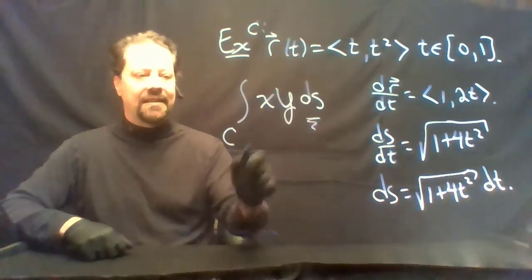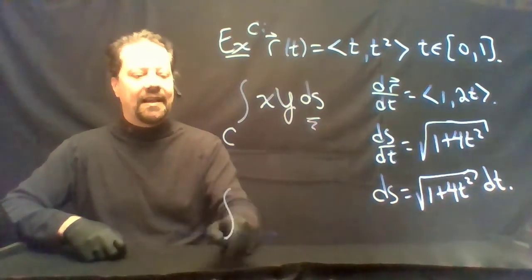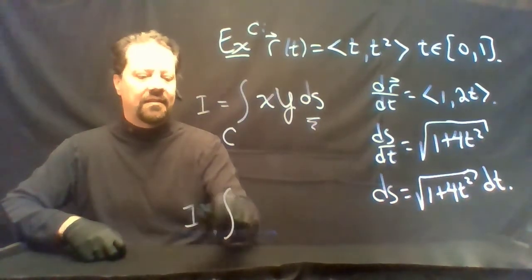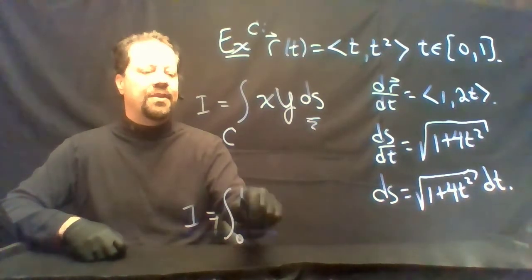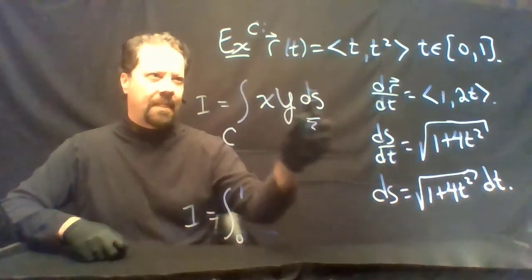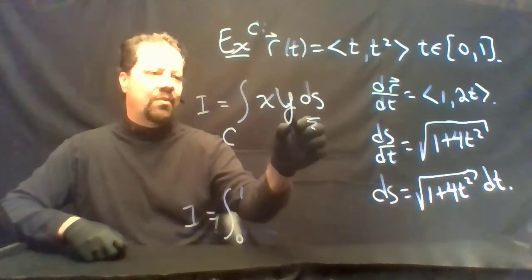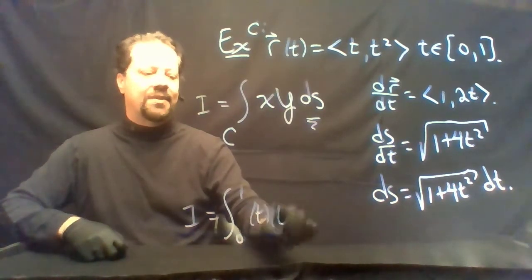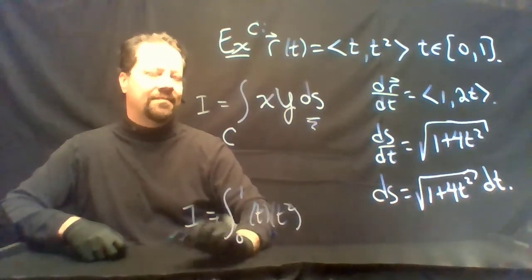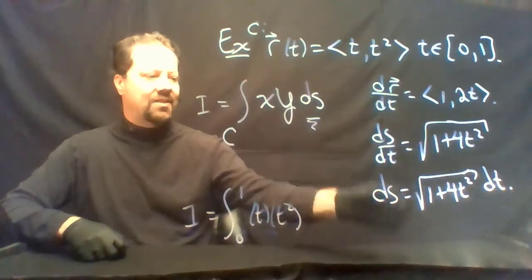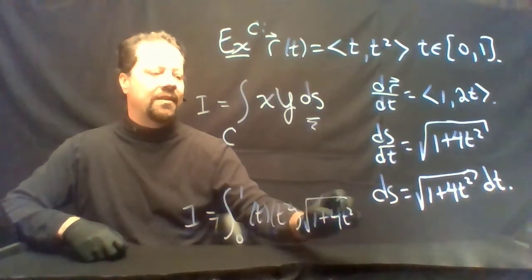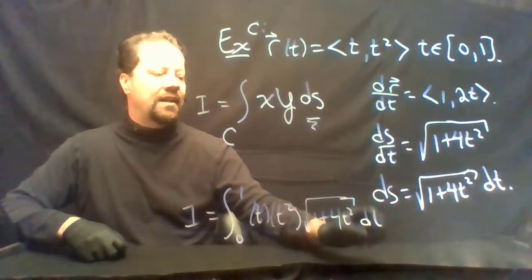It follows then that this integral, if this is our integral I, can be calculated as the integral from 0 to 1, x times y, that's t times t squared, times ds, which is the square root of 1 plus 4t squared times dt.